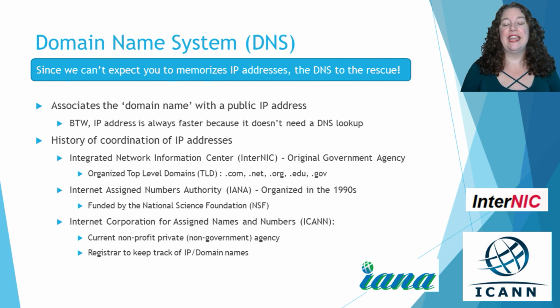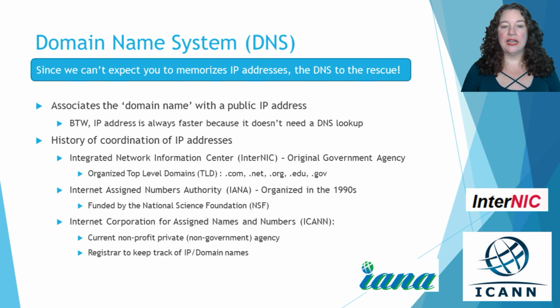So the IANA in the 90s was still a government agency in the sense that it was funded by the government, by the National Science Foundation. And over time, they realized we really don't want this to be a government thing. We want this to be a private industry so that it can handle anybody, regardless of what company, what country you're in, and so on and so forth.